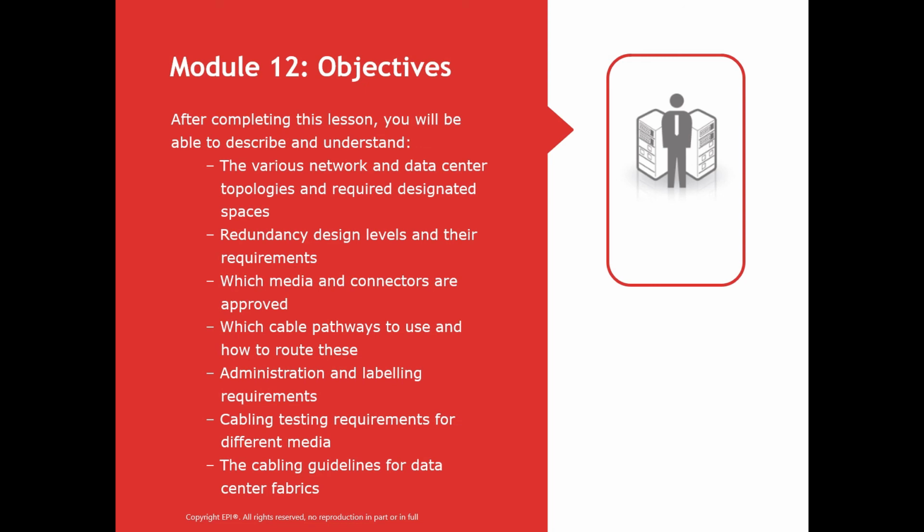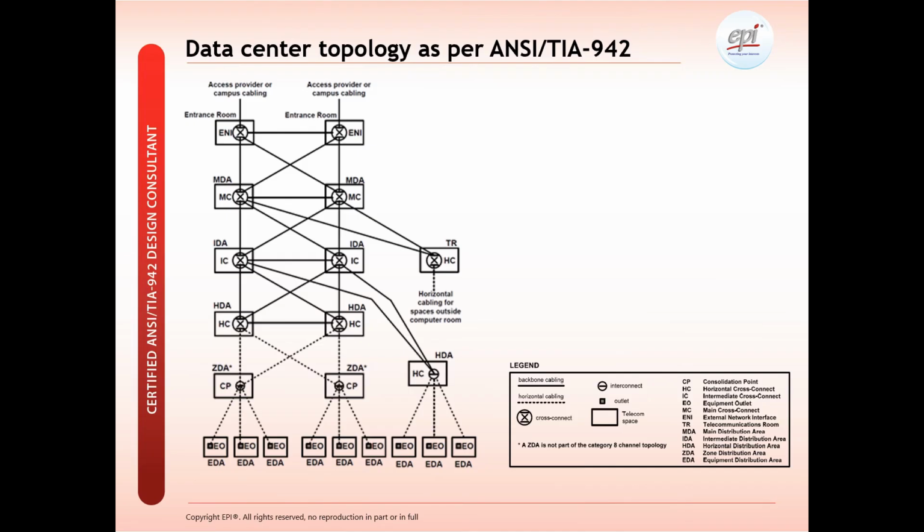We also need to make sure we have the appropriate testing of the different types of media. We also need to understand the various cabling types and guidelines around data center fabrics and various distances that the technologies can work over.